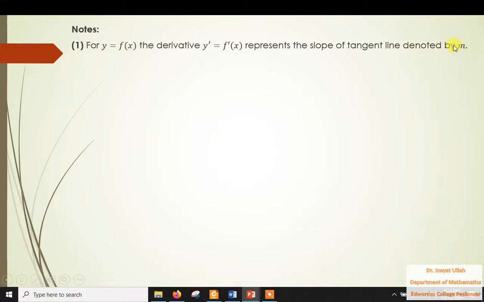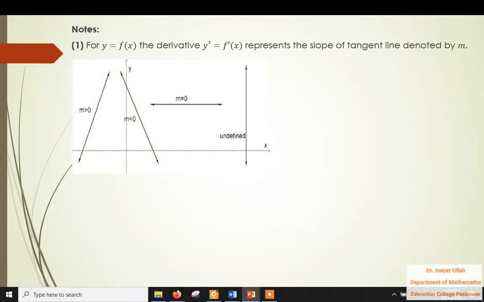It is not necessary to denote it by m, but in certain cases this notation is used. Now let me tell you what the behavior of the tangent line, or we may say the behavior of a function, will be: whether that function is increasing, decreasing, or stationary.